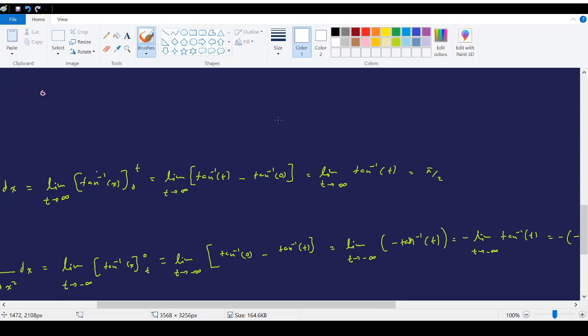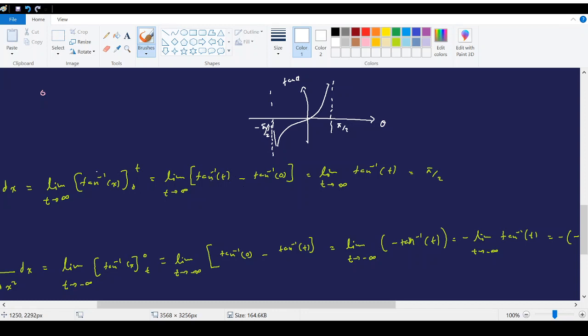A good way to understand the values of these terms is by drawing the graph of tan theta. The graph of tan theta will be like this one, and here you have 90 and here you have negative 90. They are vertical asymptotes.